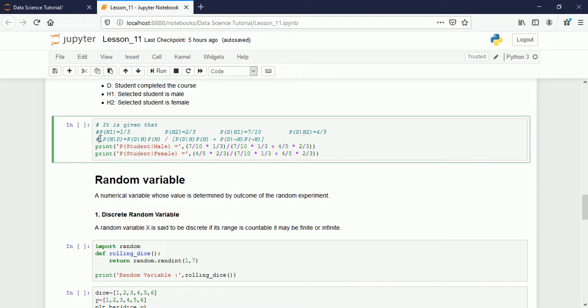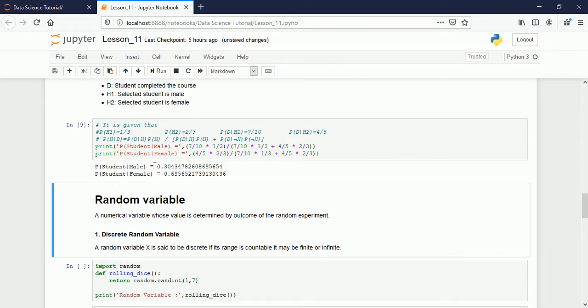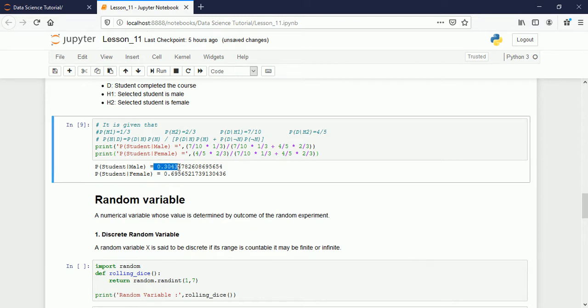Now according to this formula, if you put it here, we get the probability of completing the course by male, divided by the probability of completing the course by male plus completing by female, times this one. So it shows me the probability of the student being male and of the student being female, and this is a percentage. So male is 30% and female is 69%.